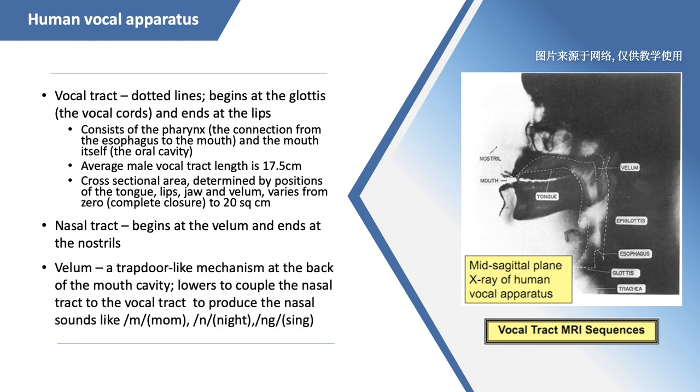The velum has a trapdoor-like mechanism at the back of the mouth cavity. It allows coupling of the nasal tract to the vocal tract to produce nasal sounds like mum, night, sing.